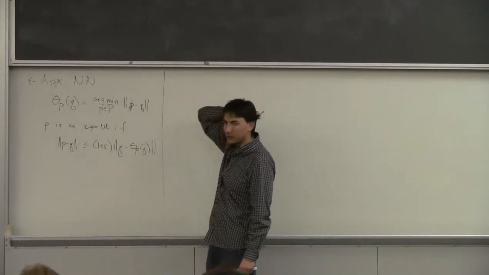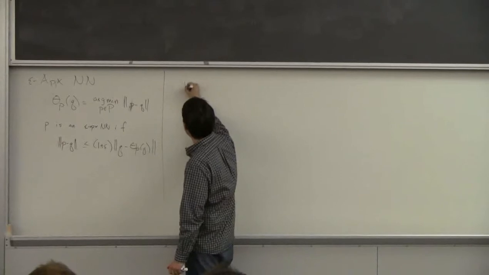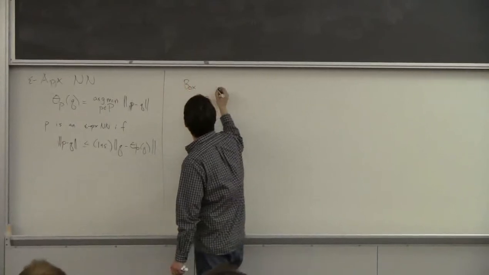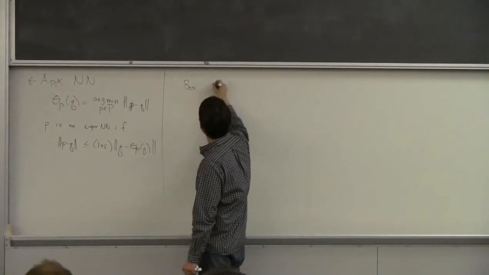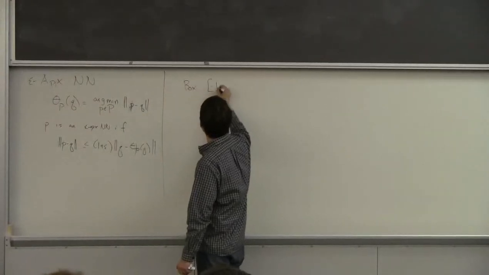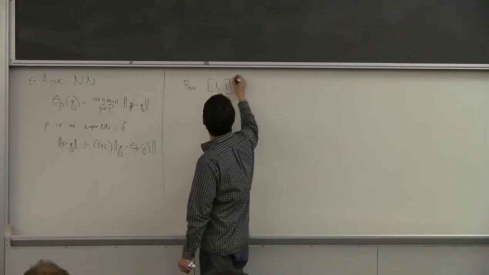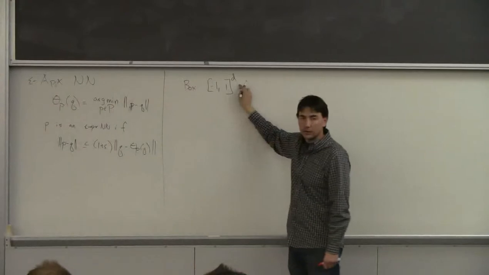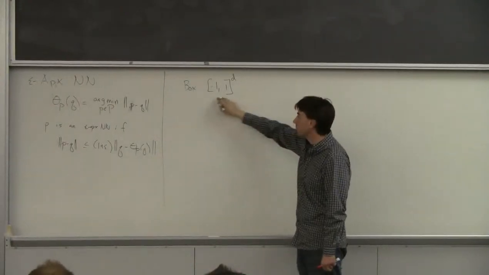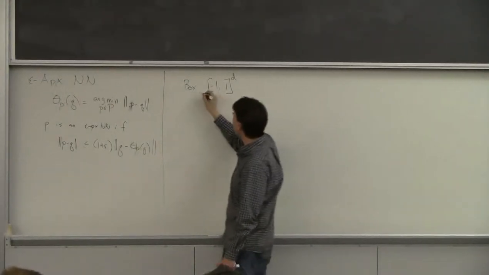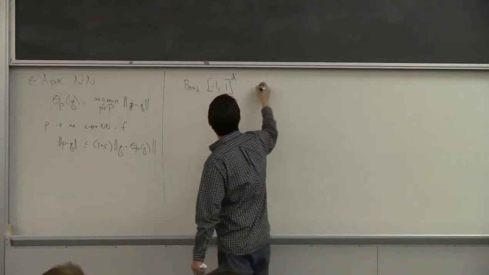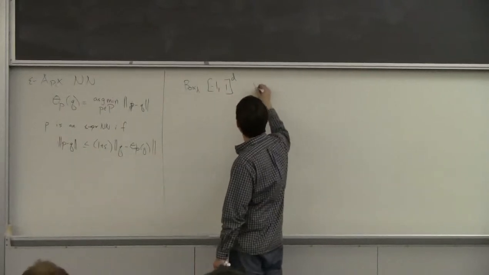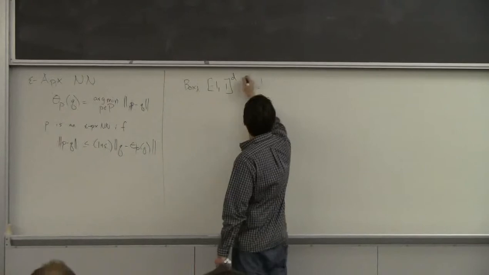Let's compare two things. Let's say a box, which is going to be in the range of -1 to 1 to the power d. So this is going to have d coordinates between -1 and 1, and we're going to call this box of d.